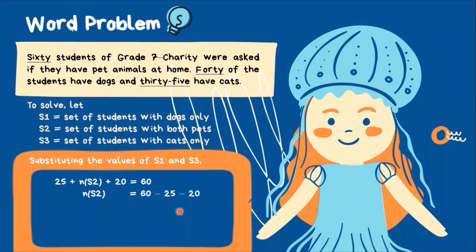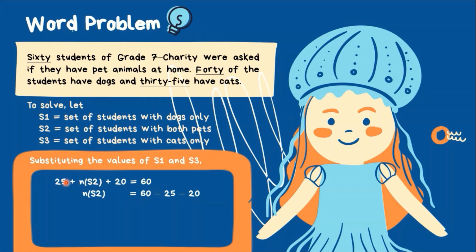And then, kung mapapansin ninyo, inilipat natin si 25 at si 20 dito sa kabila. Isipin natin na si equal sign ay yung gitna nila. This is the left side and this is the right side. What we will do in this case is we will transpose the values.